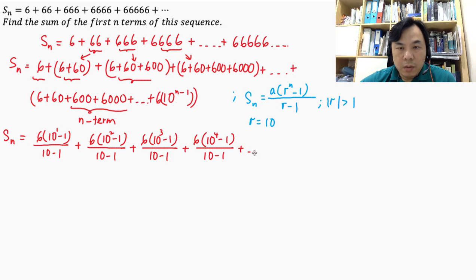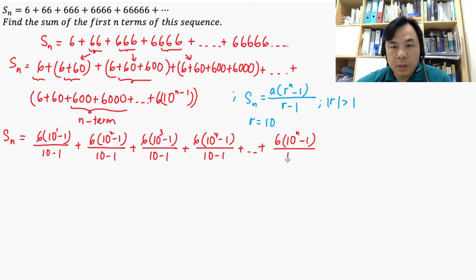And of course, until my last n term. So for my last n term, it will be 10 to the power n, of course, minus 1 divided by 10 minus 1 also. And then you will notice that all of them share the common factor of 6 over 9. So I can take out the 6 over 9.